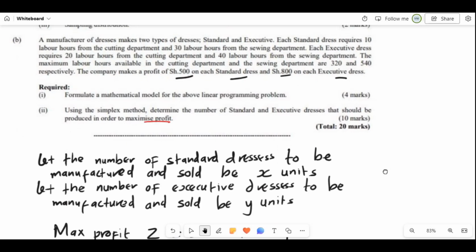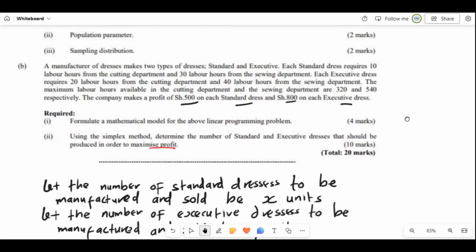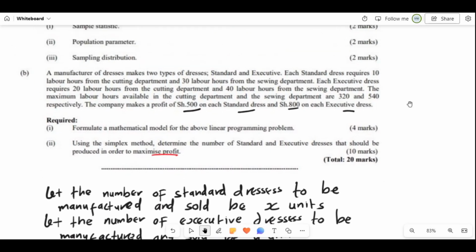The limited resources available as per this question, whatever is available, is what represents the constraint, which means we cannot exceed this capacity. If you're told the maximum labor hours available, this represents a constraint.